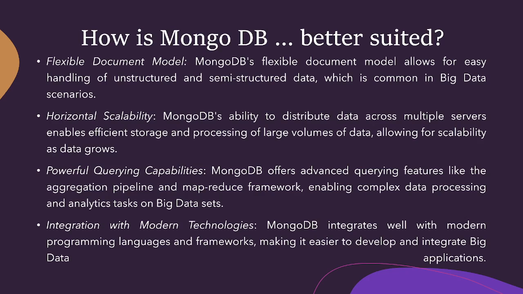Horizontal scalability, we talked about this. MongoDB's ability to distribute data across multiple servers enables efficient storage and processing of large volumes of data, allowing for scalability as data grows. For example, if you have decided to use 70% capacity of your storage server, you can create another server that will handle the extra load, and together they will form clusters and work together.